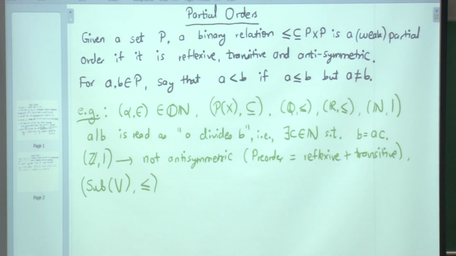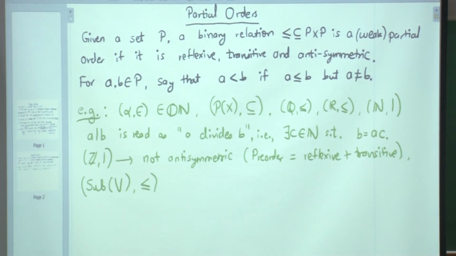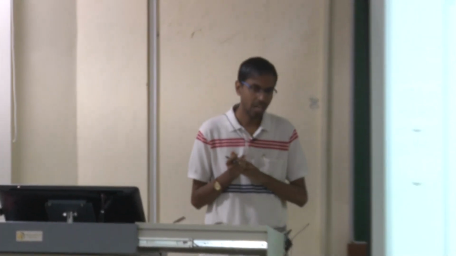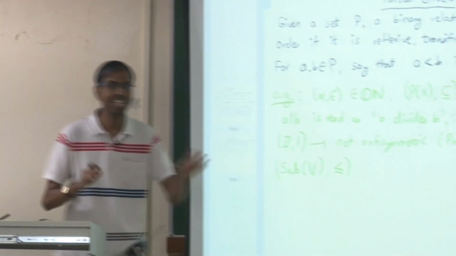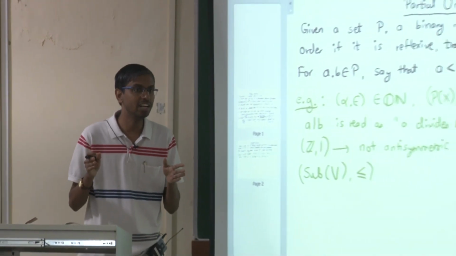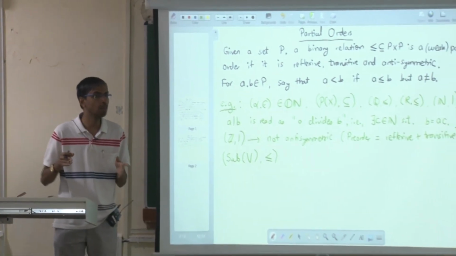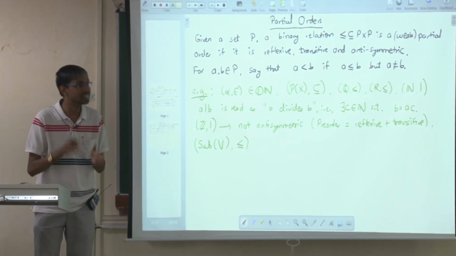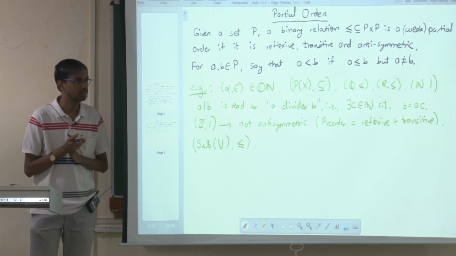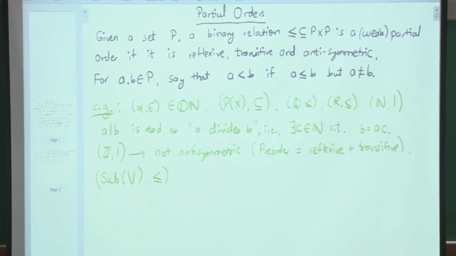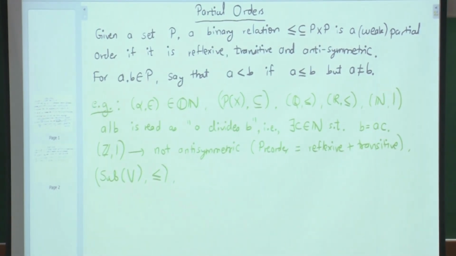By this subspace relation I mean nothing but just subset. The only condition is that our domain is restricted. We are not talking about all subsets of a given vector space, we are only talking about subspaces of the given vector space. Very good, so this is interesting.